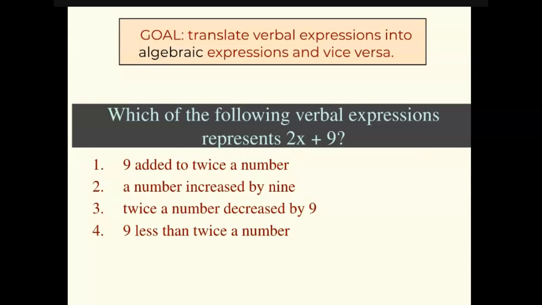Malia said 4, Haley said 1. Malia changed the answer to 1. Alright, so it will be number 1. But if you said number 4, it says less, but it is supposed to be added. So 9 added to twice a number.